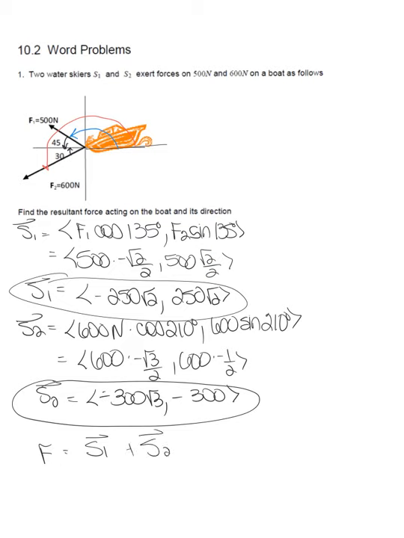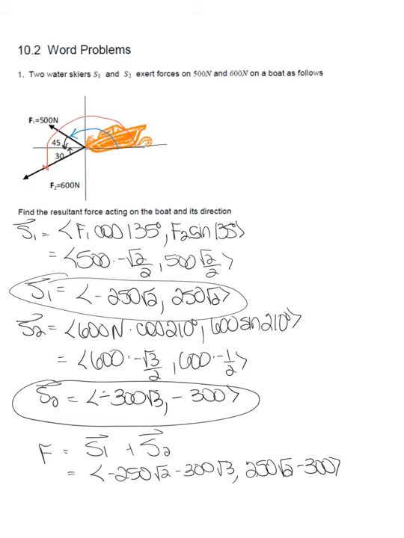So it is going to be the vector that has as its first component, because we simply just add the first components and add the second components, negative 250 square root of 2 minus 300 square root of 3 for the first component, and then 250 square root of 2 minus 300 for the second component.